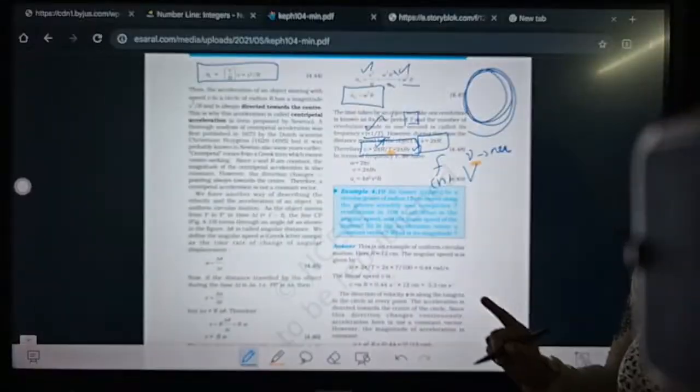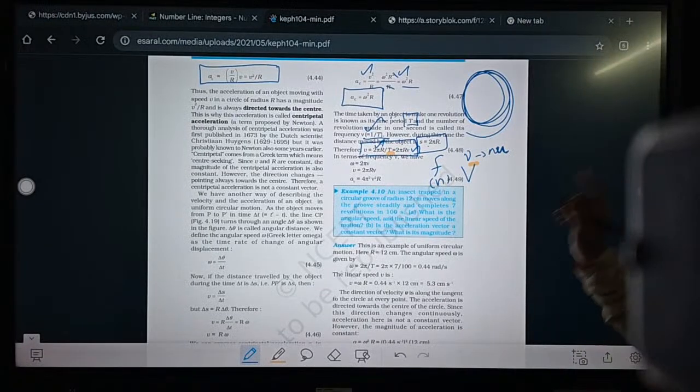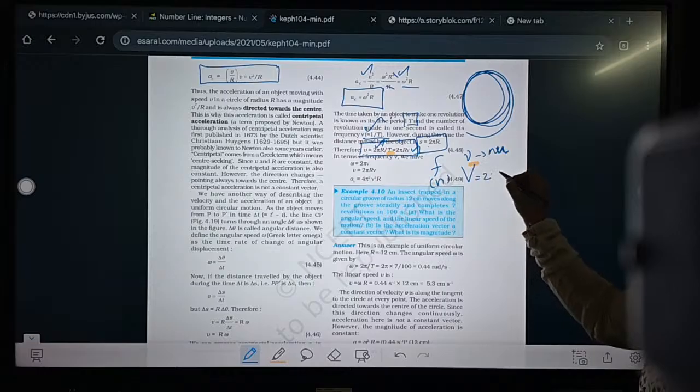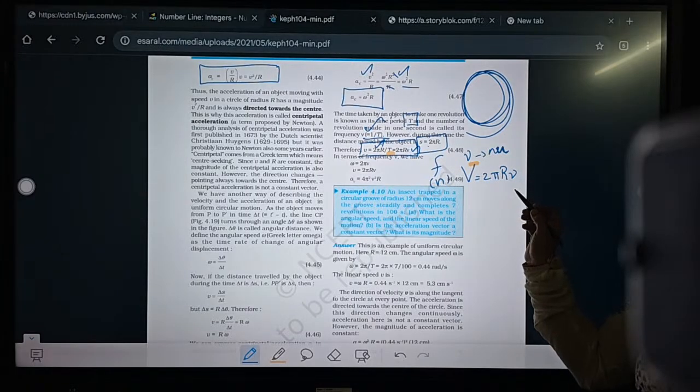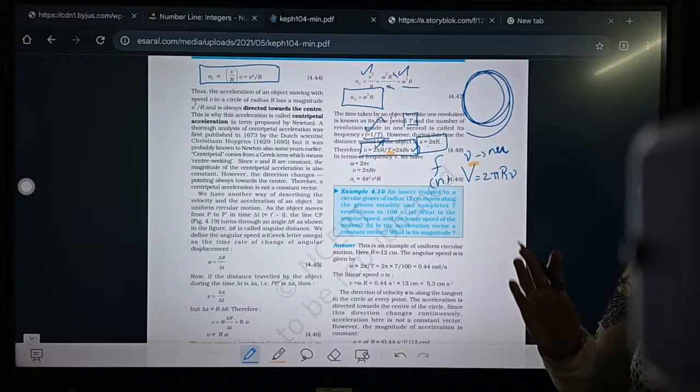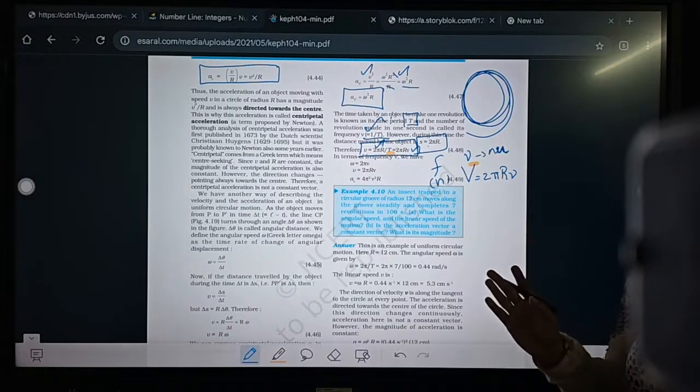While writing, listen all of you, write the velocity as a big V and the frequency as a curly V, which is nu. You should show the difference between the velocity and the frequency. Is it clear for you?